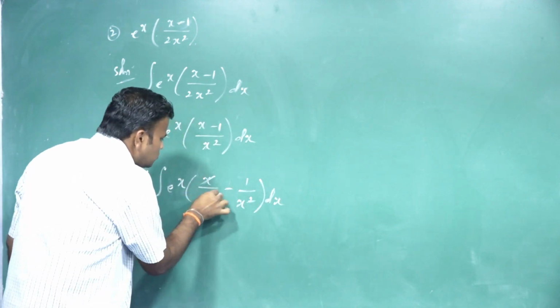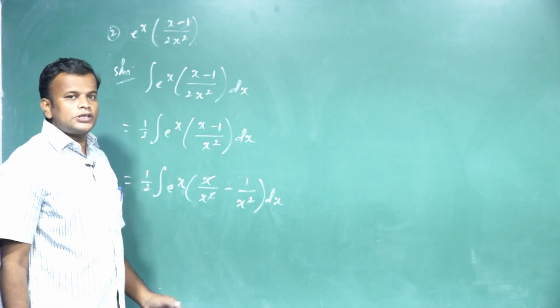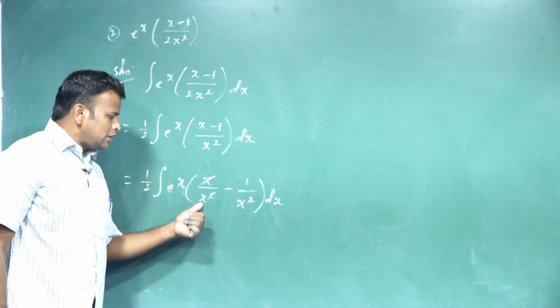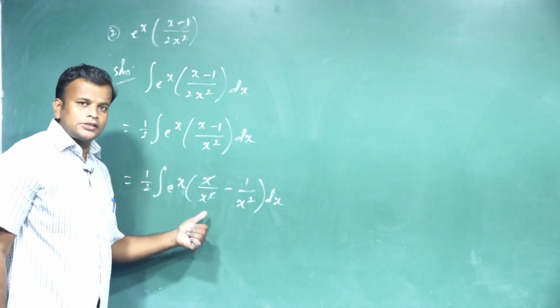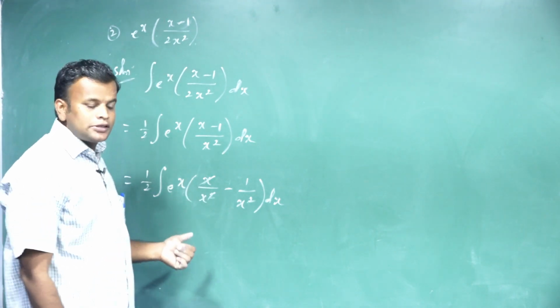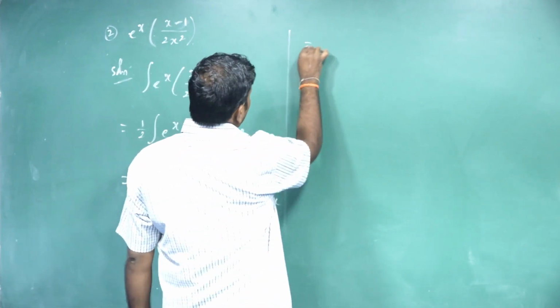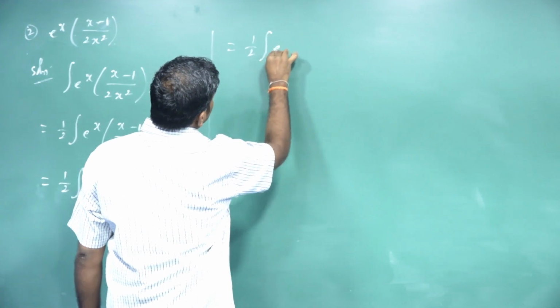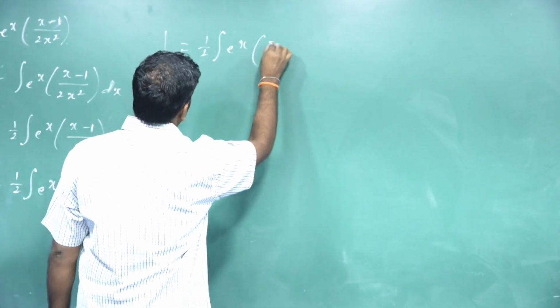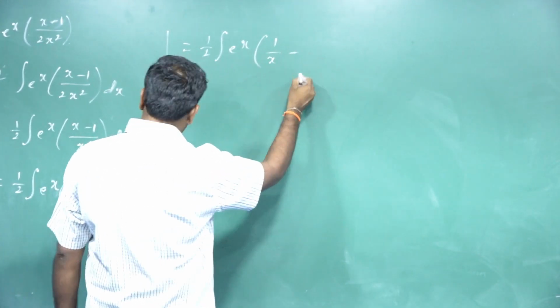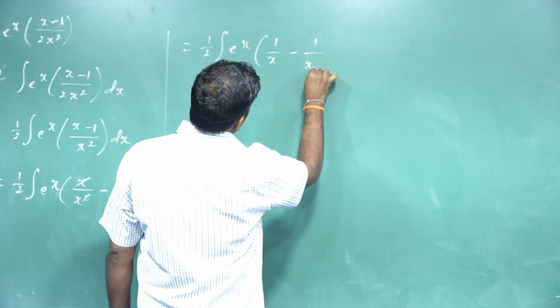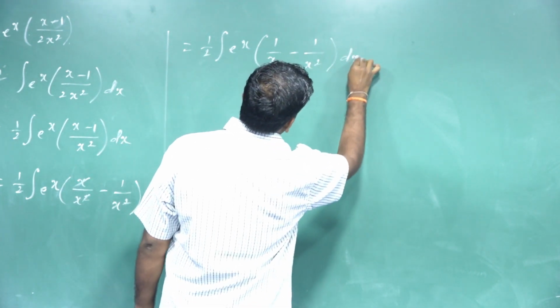Now I cancel 1 x. So what is remaining? 1 divided by x square, 1 x is cancelled, remaining is x. So the term is 1 by x. So 1 by 2 outside, in integration e power x of 1 by x minus 1 by x square into dx.